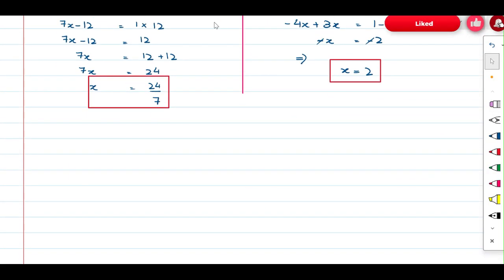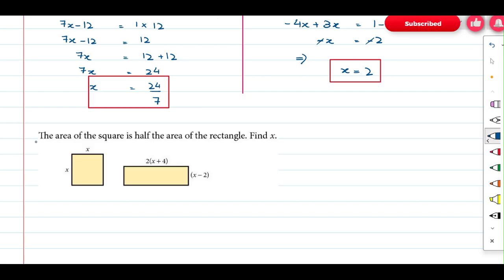So the first word problem is, the area of a square is half the area of a rectangle, find x. First we need the area of a square, and then we need the area of a rectangle. This is a square and this is a rectangle, so we must know the two formulas.